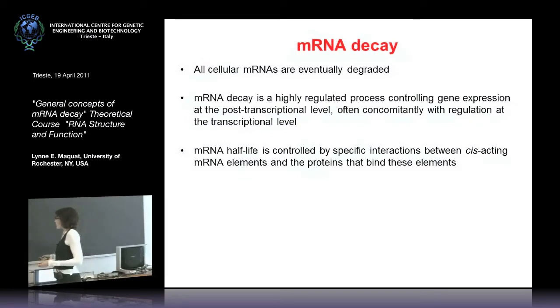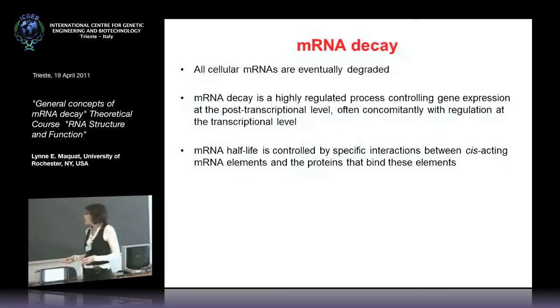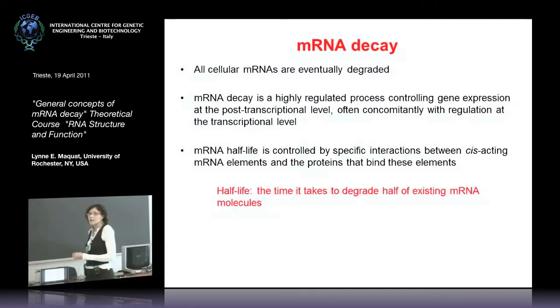mRNA half-life is controlled by specific interactions between cis-acting mRNA elements and the proteins that bind these elements. Oh, I'd like to just remind you, half-life means the time that it takes to degrade half of existing mRNA molecules.